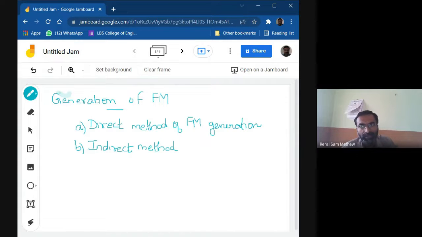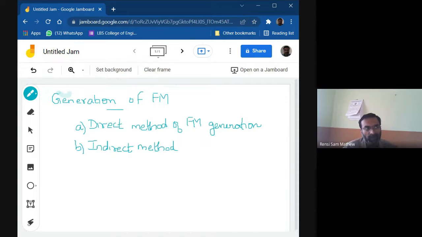But in the indirect method, we are using some other principles. Basically, we found there's a similarity between narrowband FM and the double sideband AM waveform. So we are trying to generate FM using an AM technique. That's the indirect method of FM generation. We will see that there's one specific method for that. But generally, we have the direct method of FM generation.